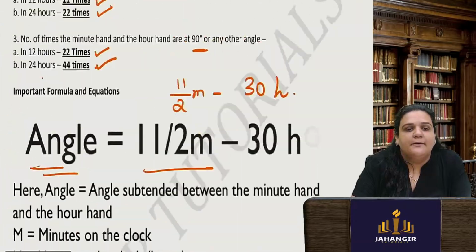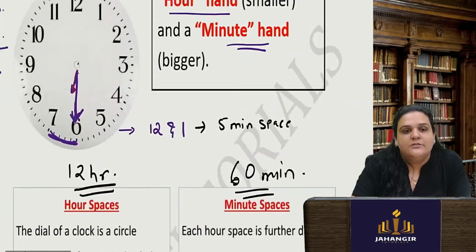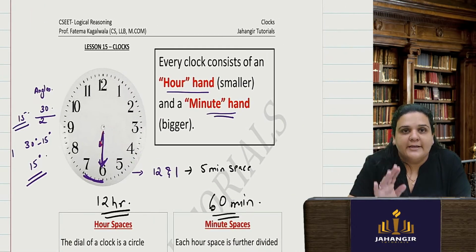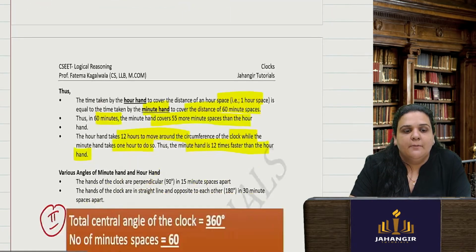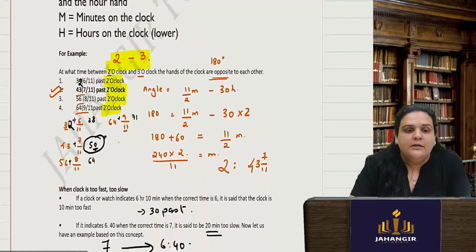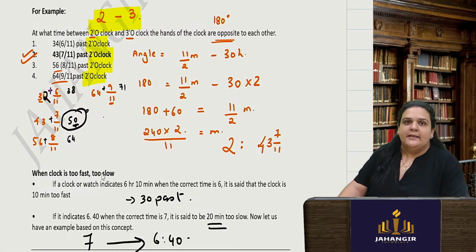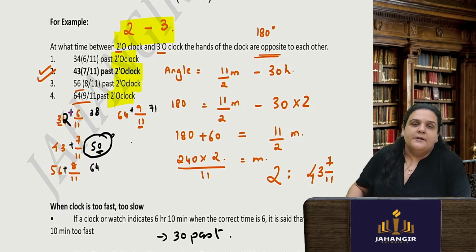With this we have completed the entire chapter of clocks. You are supposed to go ahead and revise all the concepts, and read everything which I have given to you all. Even these example questions, keep them the same. Keep the MCQs like this only.